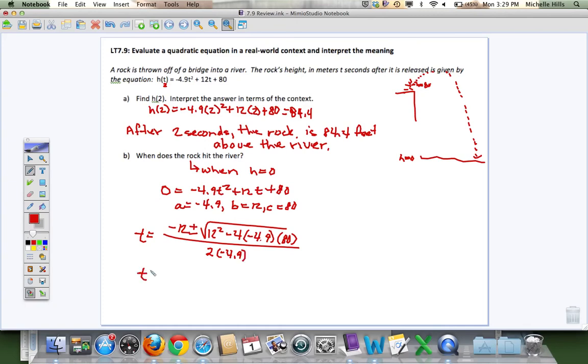When I plug these parts into my calculator to simplify it a little bit, I get the square root of 1,712 over, and then 2 times negative 4.9 is negative 9.8.